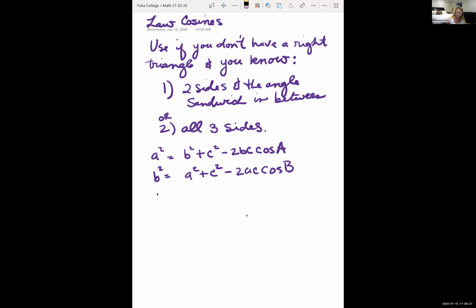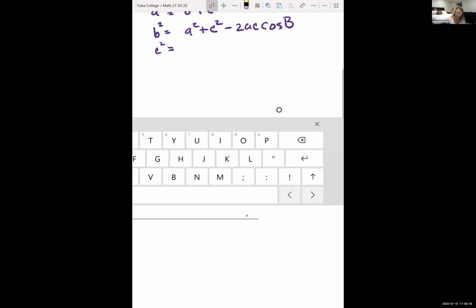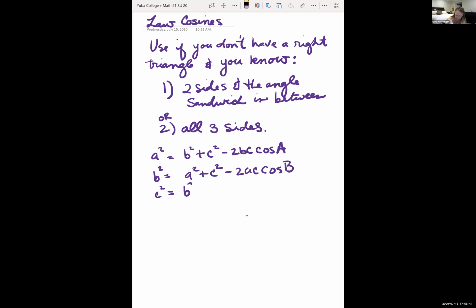So hopefully you could figure out what c squared is. This is equal to the sum of the squares of the other two sides, b and a, so b squared plus a squared, minus 2ab, it doesn't matter what order you do this in, cosine, and we're looking for side c, so angle C.